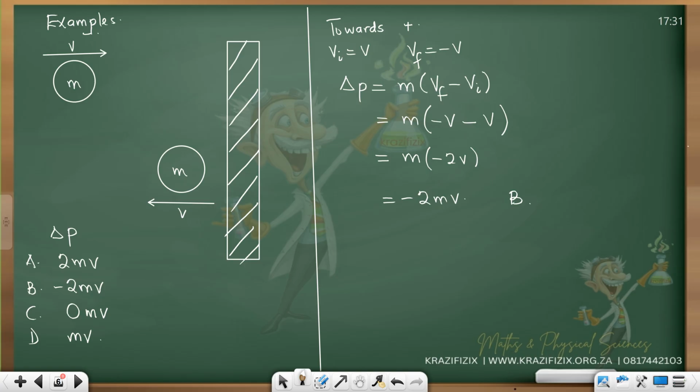Sir, look at the first ball at the top. These balls have the same masses and the same velocities. The other ball at the top was heading towards the wall. Okay. And then it bounced and went backwards. So, sir, I was like, maybe the initial velocity is the same as the final velocity.